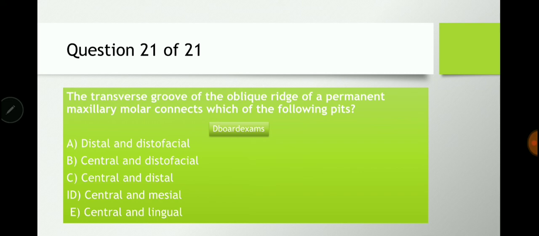Is it central and the distal, or central and the mesial, or central and the lingual? Here you have to know the anatomy. Usually it's the central and the distal. That's how the oblique ridge runs. So the answer here is C.